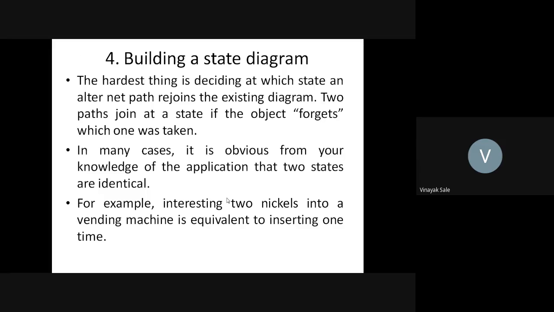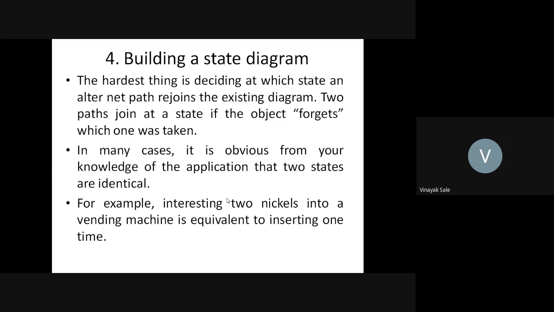So the hardest thing is deciding at which state an alternate path rejoins the existing diagram. Two paths join at a state if the object forgets which one was taken. In many cases, it is obvious from your knowledge of the application that two states are identical.